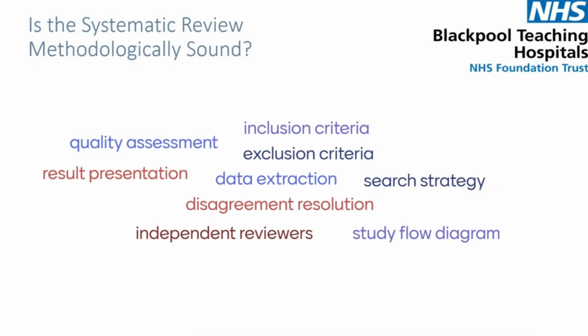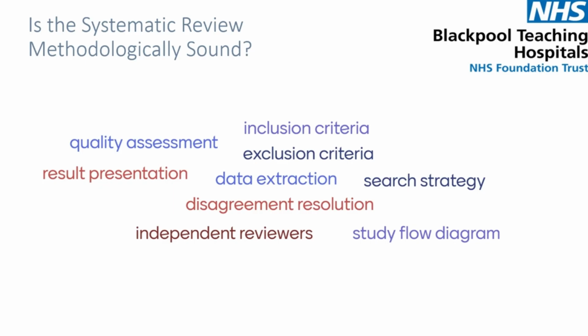Next, in section B, which aims to answer the question on how the review was conducted, you look at questions around whether the methods for selecting, assessing, and combining studies were transparent and systematic. Check if more than one reviewer independently selected the studies and assessed quality to minimize bias.